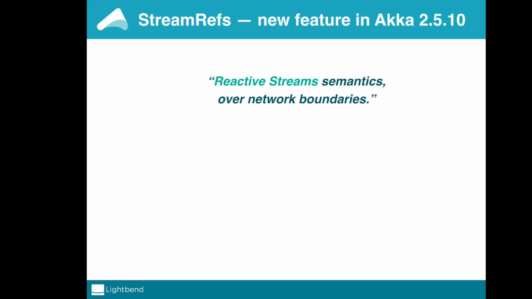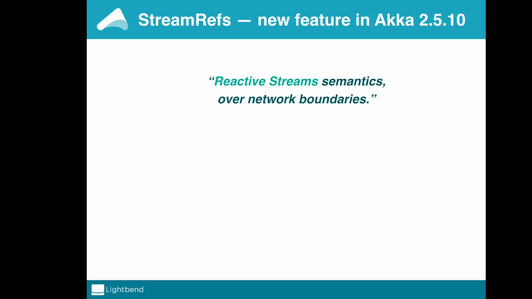So if you're familiar with Reactive Streams, StreamRefs basically take these semantics and put them over the network, explicitly on an element by element basis. Because Reactive Streams semantics, just for backpressure, we already have in Akka since day one, basically, when we implemented Akka HTTP. And so it does it on the TCP level, but now we also do it on an element by element level.